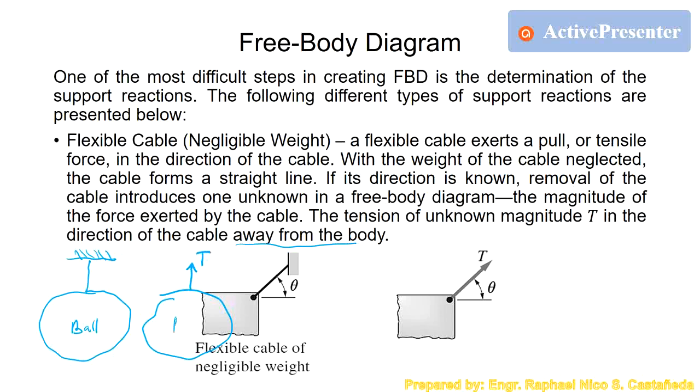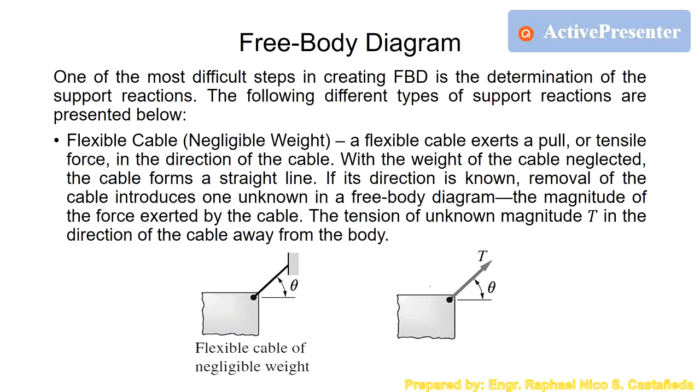But if you want to draw the free body diagram of the wall, you will put the tension away from the wall. So it's always away from the body. Now, you cannot interchange the direction. For example, if you put the tension like this, that is wrong.